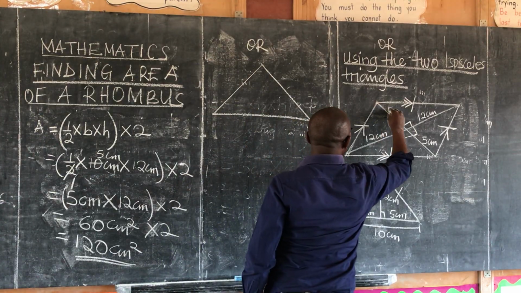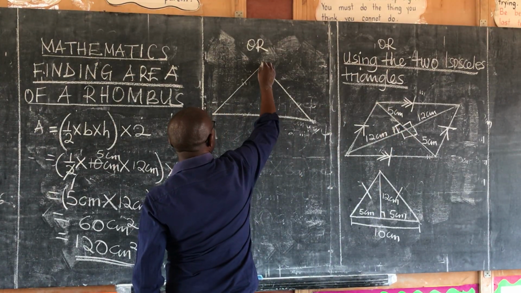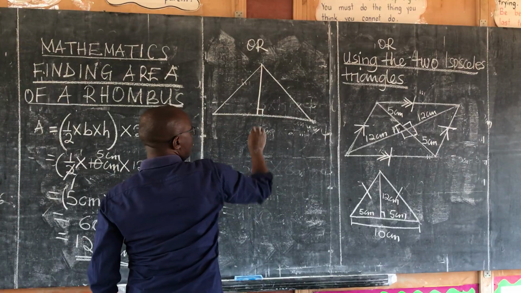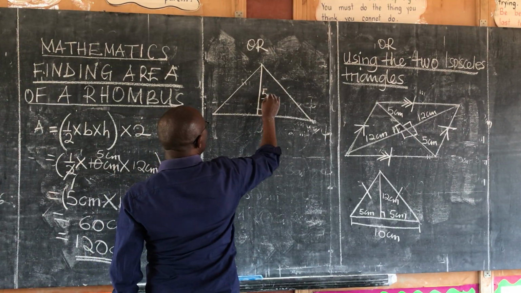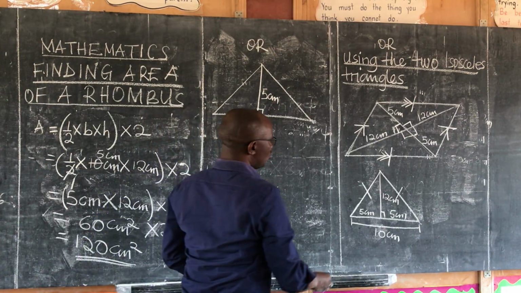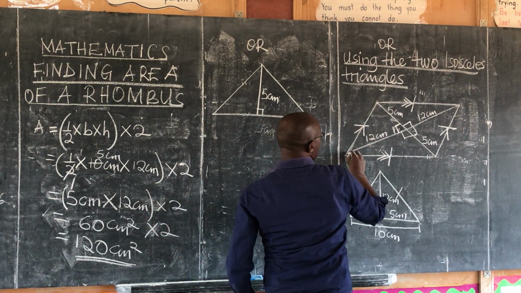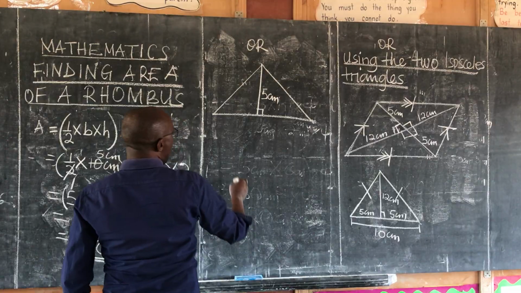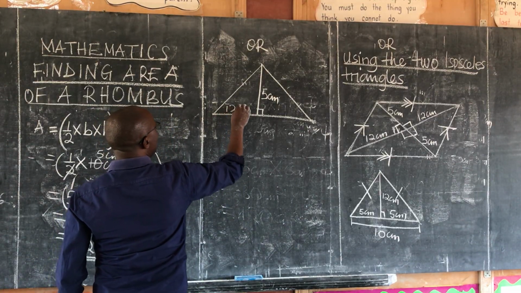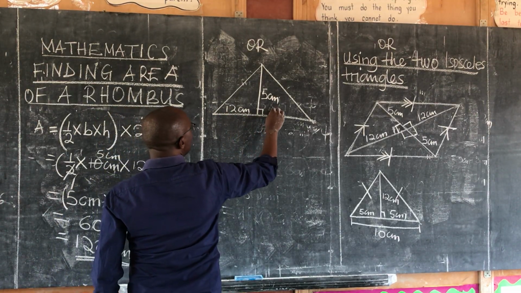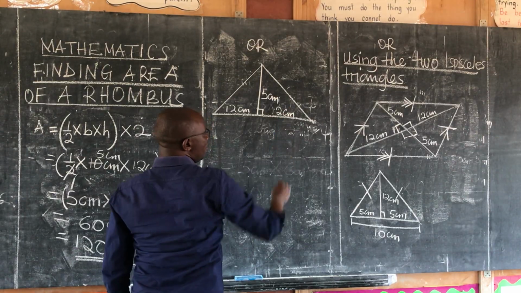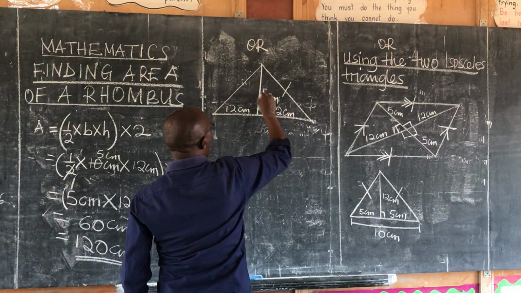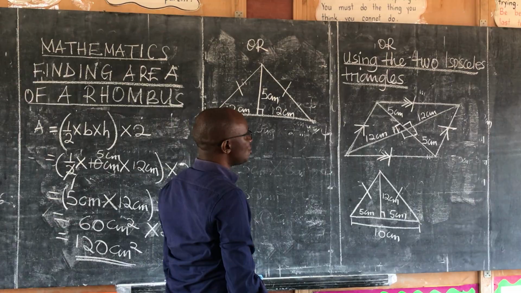This is its height. The height this time is 5 centimeters, if I took this as my extraction. Are we together? So now, this is 12 centimeters, and this is 12 centimeters. Remember, opposite sides are equal. This triangle is isosceles.